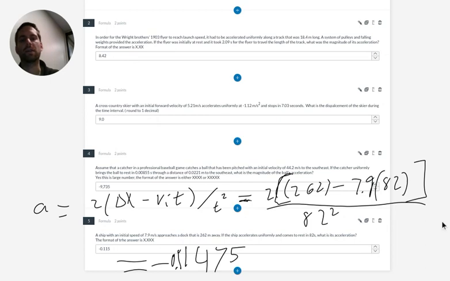That's in meters per second squared. Alright, so that should be the answer to that. And that's it.